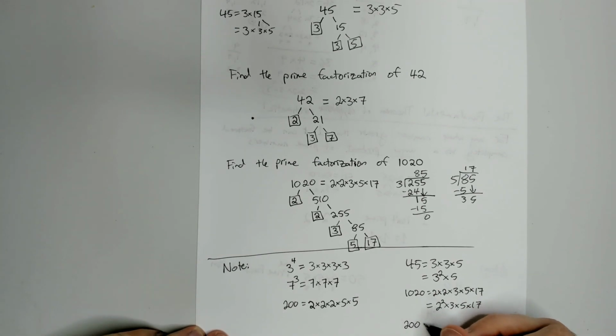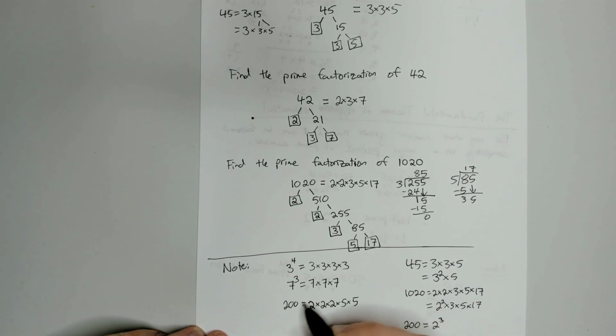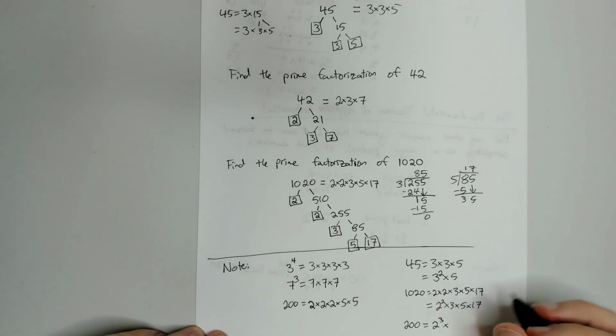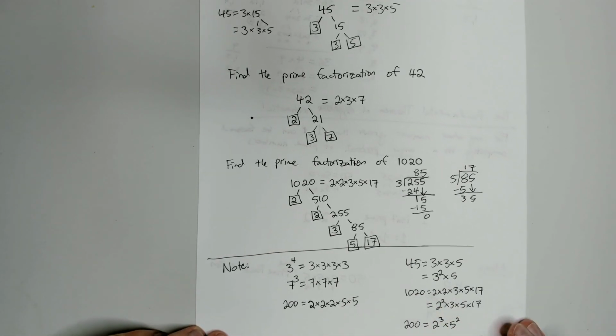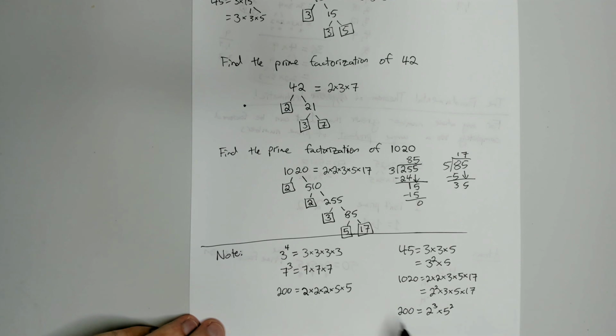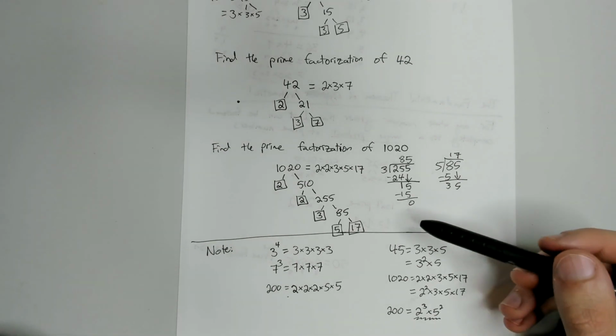Well, we could just do 200 is 2 cubed, since we have this prime factor of 2 3 times, times 5 squared, since we have this prime factor of 5 occurring 2 times in the product. So both ways are just as good, but this way is a little more compact because instead of writing a bunch of numbers in a list like that, we can kind of put all the copies of the number into this convenient exponent form.